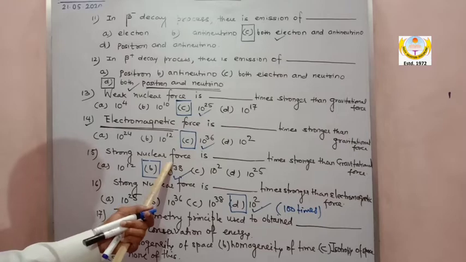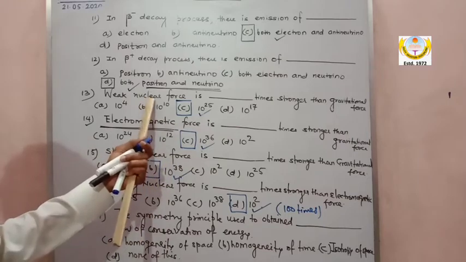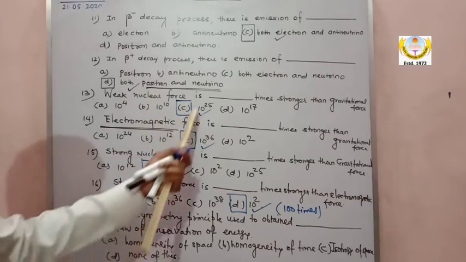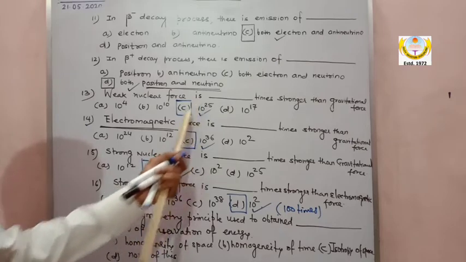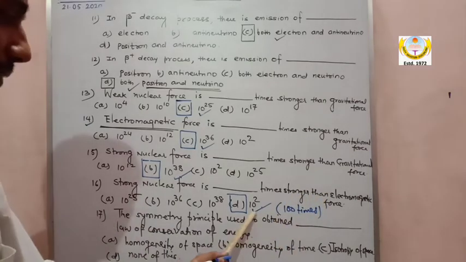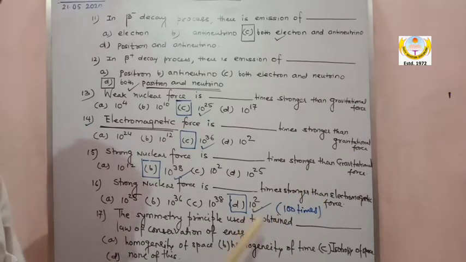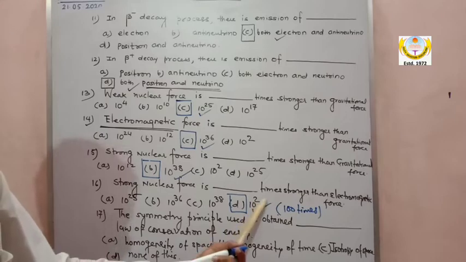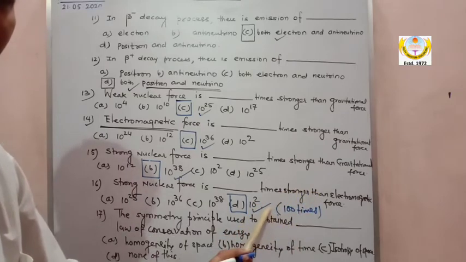So the strong nuclear force is stronger than the weak nuclear force by 10 power 13 times. Am I clear? So my dear, you should take care of this: the strong nuclear force and electromagnetic force have a ratio of 10 power 2. That is, the strong nuclear force is 10 power 2 times stronger than the electromagnetic force.